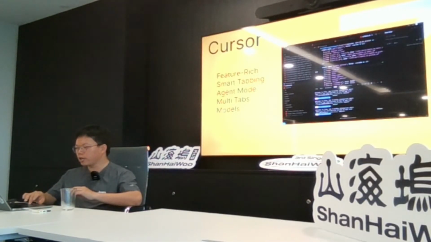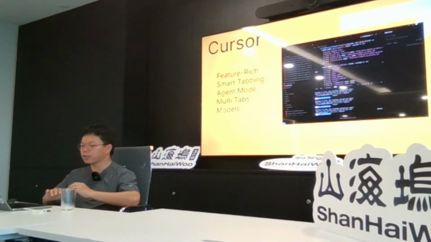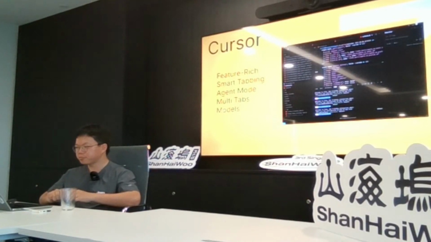And Cursor has a lot of new features recently, so you can use Cursor with multiple tabs to do multitask AI development. It also provides the best AI coding models, so that you can choose Claude Sonnet 4, or you can choose GPT-5, which is good at reasoning.